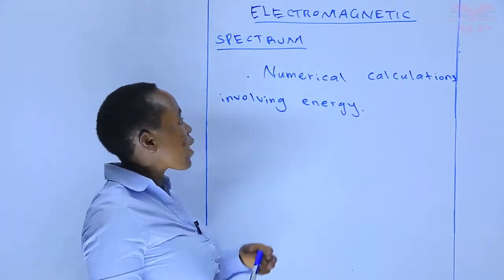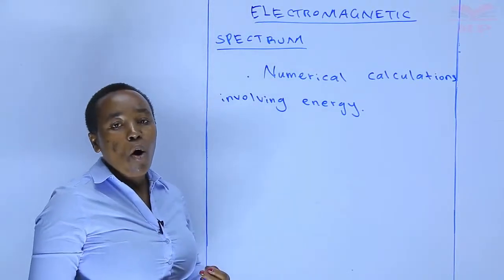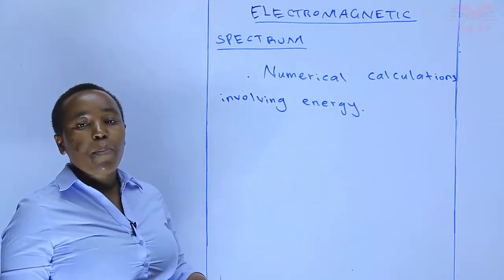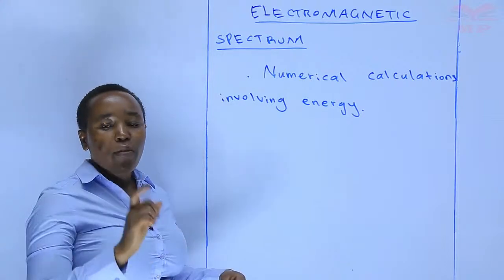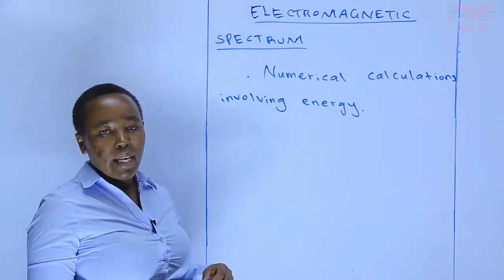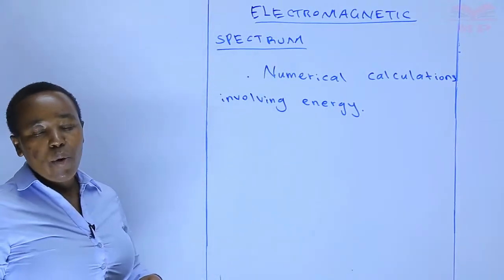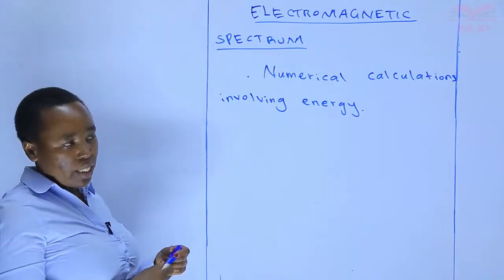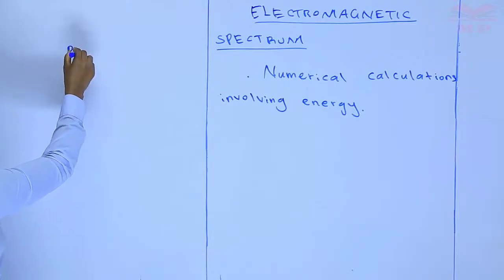Before we get to the numerical calculations, just a small recap of the previous lesson. We said that one of the properties of electromagnetic waves, among the 6 that we mentioned, is that electromagnetic waves possess energy in different amounts.